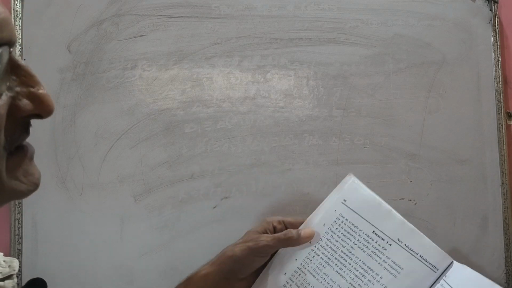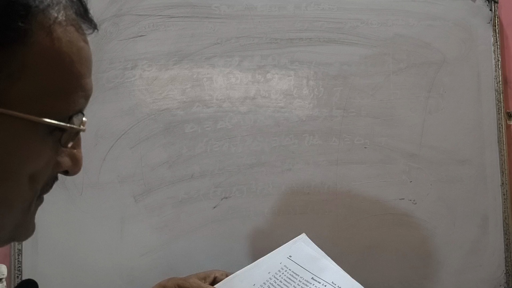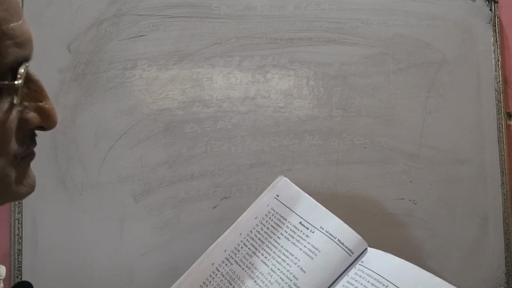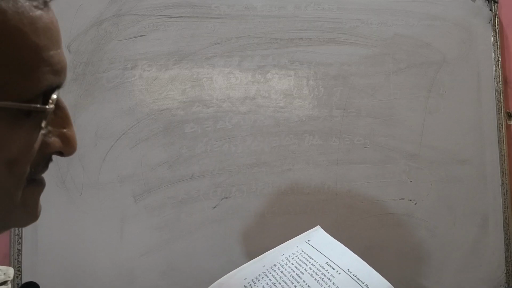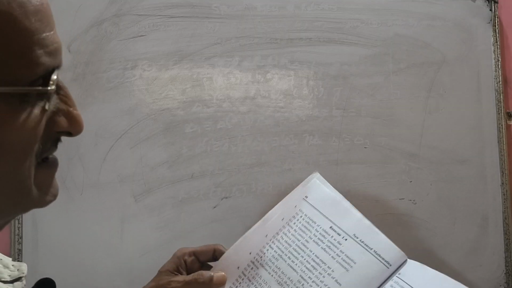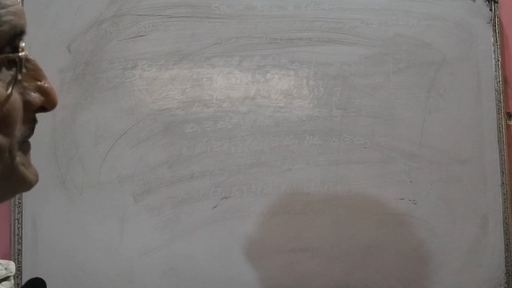See, these are 1, 2, 3, 4, 5. Generally, these are considered less important. We have to find true or false only: which one is not correct, which one is correct. But these give you a clear concept of all these topics. So be serious with short questions. The long questions will automatically be easy.